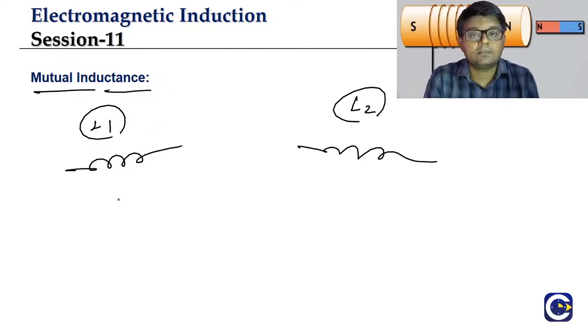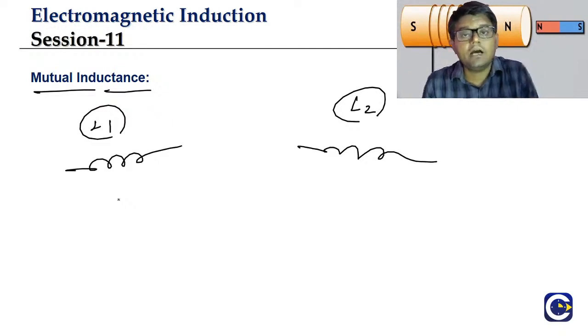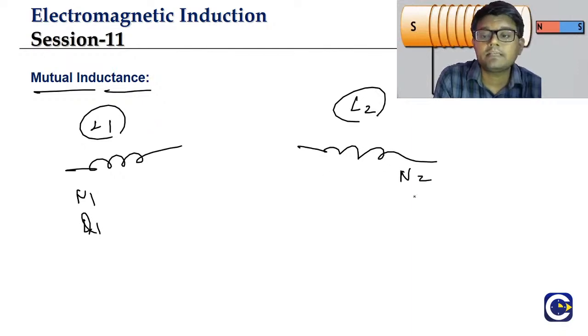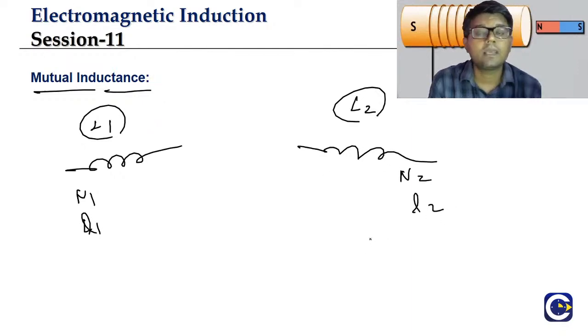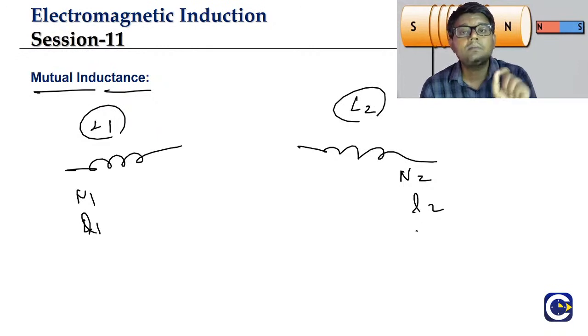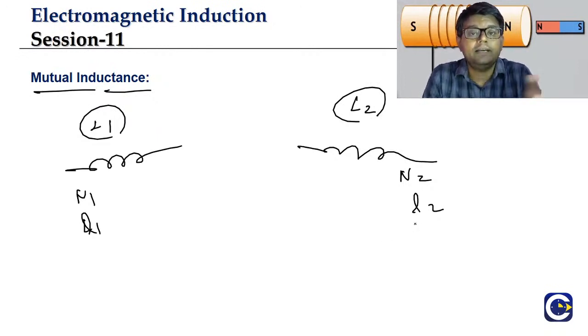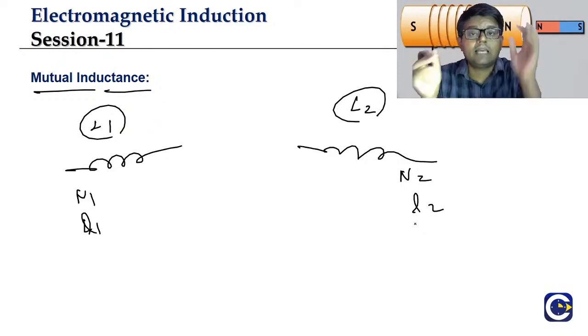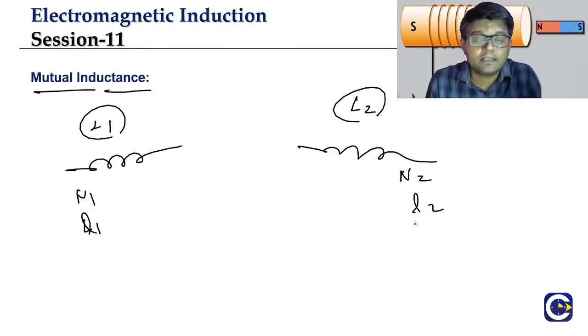It will have its length, its coil area, its number of turns. Second coil also will have its number of turns N2, length l2. Here, number of turns N1, length l1. Always we'll try to represent the length of the solenoid with small l. Why? Because we have already used the capital L to represent the self-inductance of the coils.